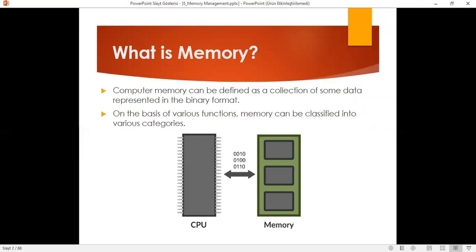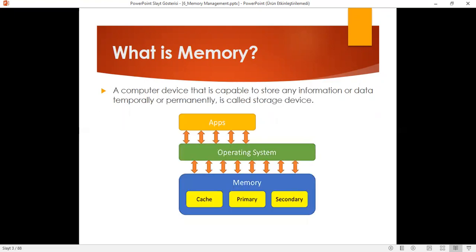While we are saying memory, we remember RAM, but RAM is a kind of main memory or primary memory. As I told you, memory can be, for example, cache memory inside the CPU, or primary memory like RAM, or secondary memory like hard disk.